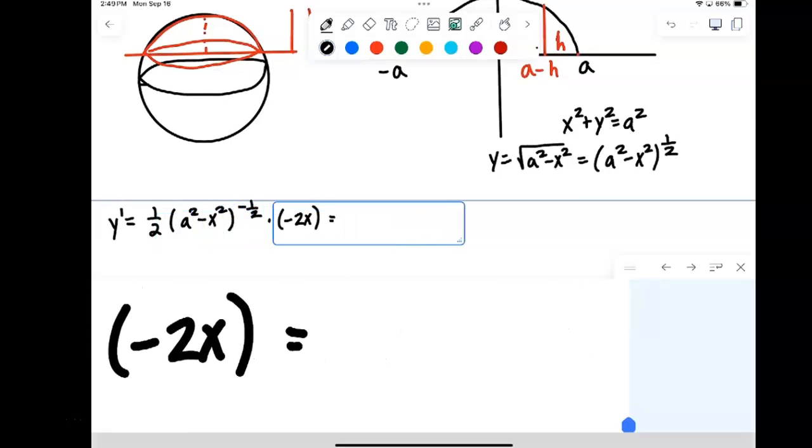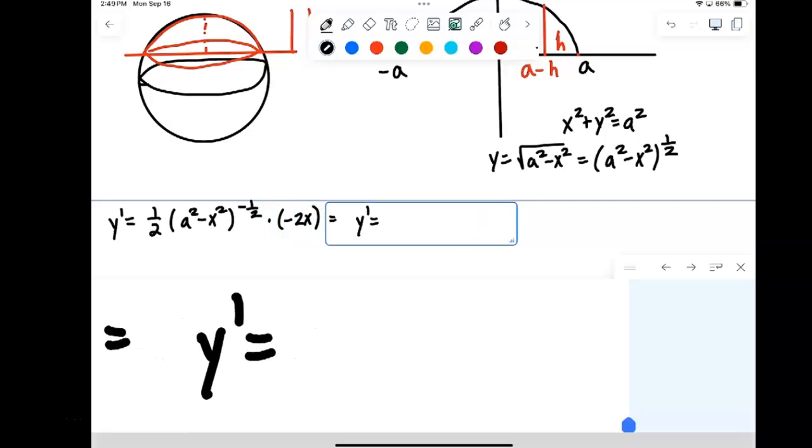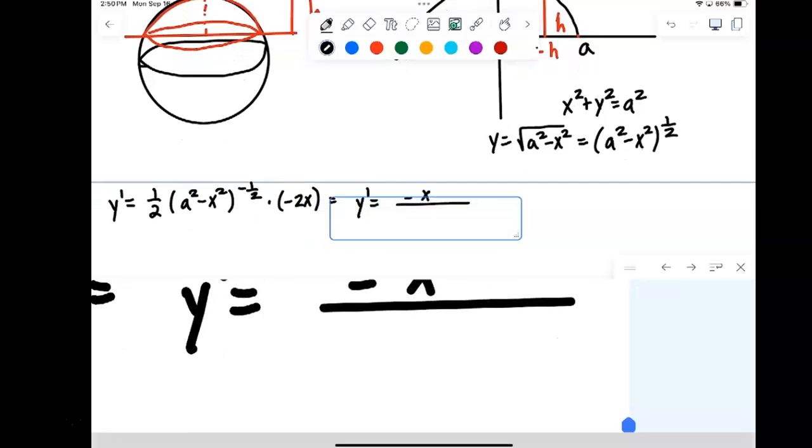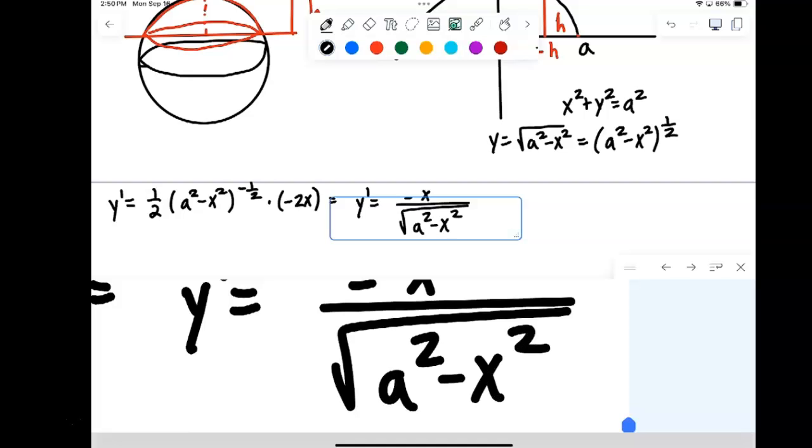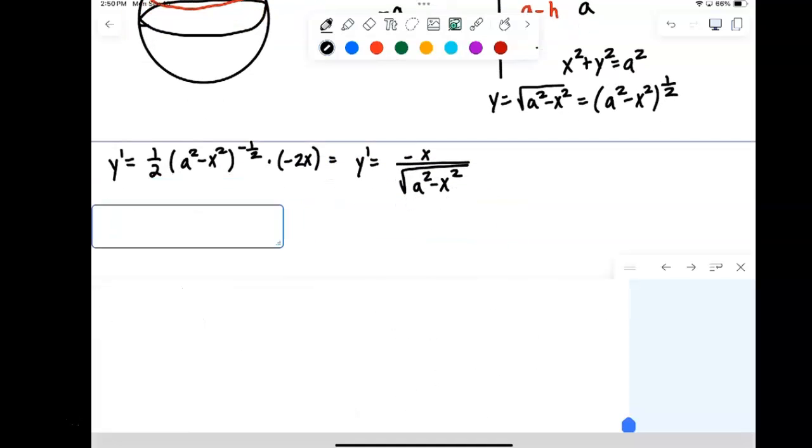So simplifying, we get y prime is equal to minus x over the square root of a squared minus x squared.